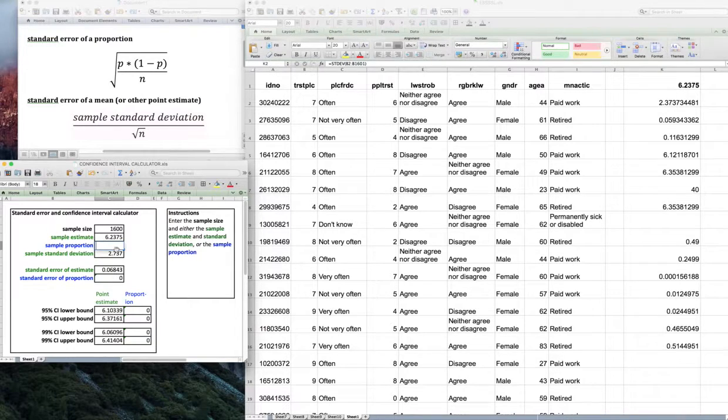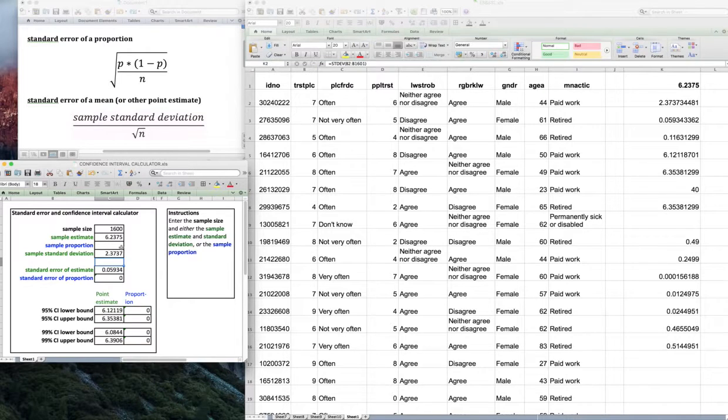Let me just go back to the example of the standard error of the mean, the sample estimate. I put in 2.737. I missed out a 3 there, and that's why the numbers came out slightly differently. Now you'll see that the numbers are exactly the same as on the original Excel spreadsheet.